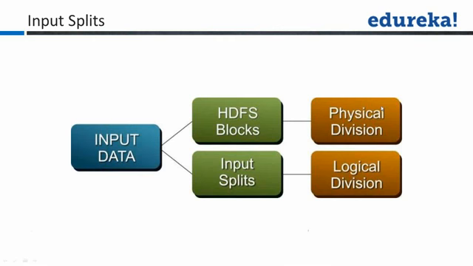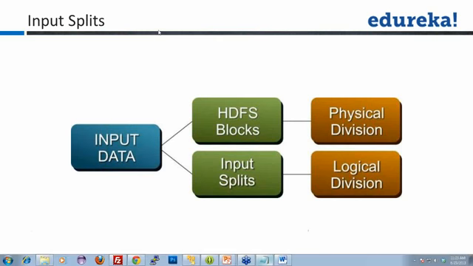So let's go below this and see what this is. Now we have input data. These are HDFS blocks. Everyone knows the size of an HDFS block, typically 64 MB, right? You remember that, guys? And these are the physical blocks. We've been talking about them for a long time.